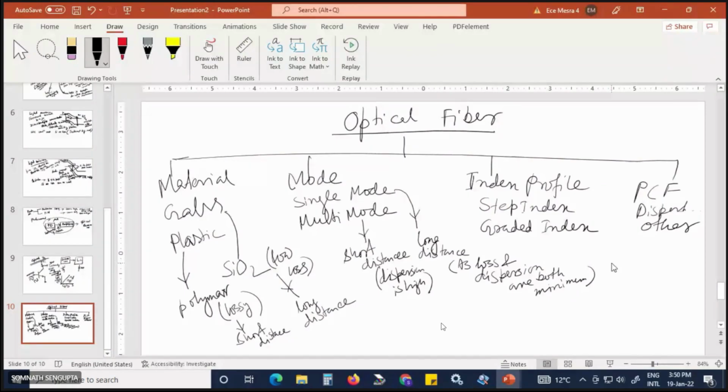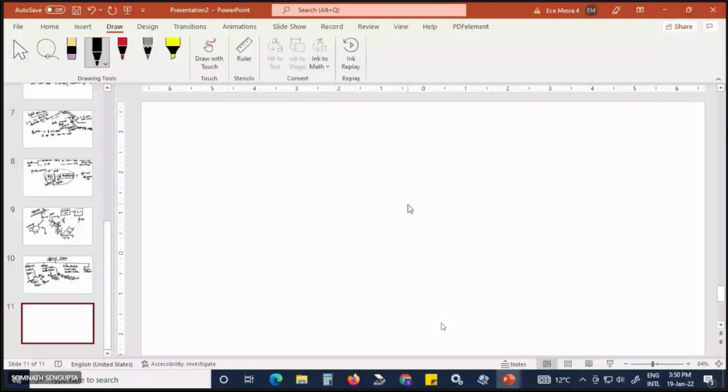Now, what do you mean by single mode and multi-mode?